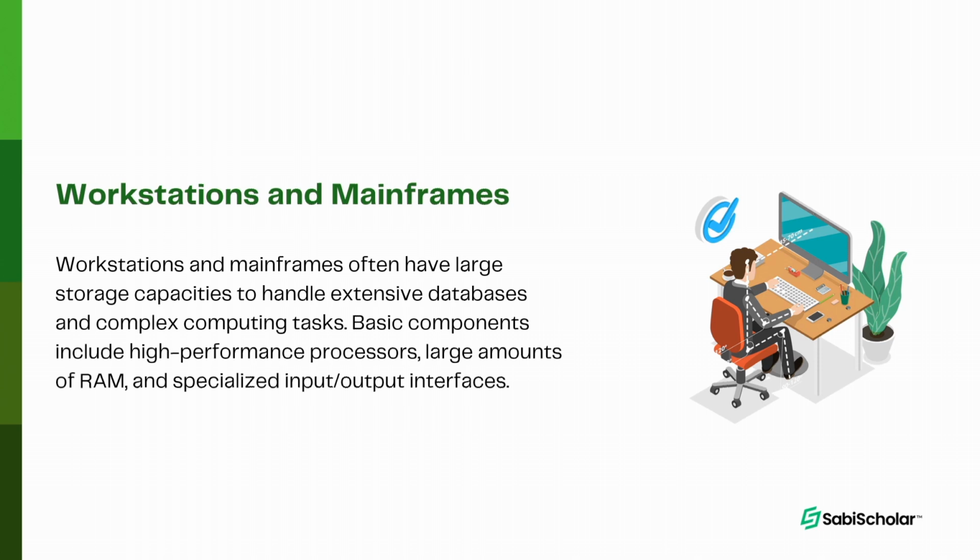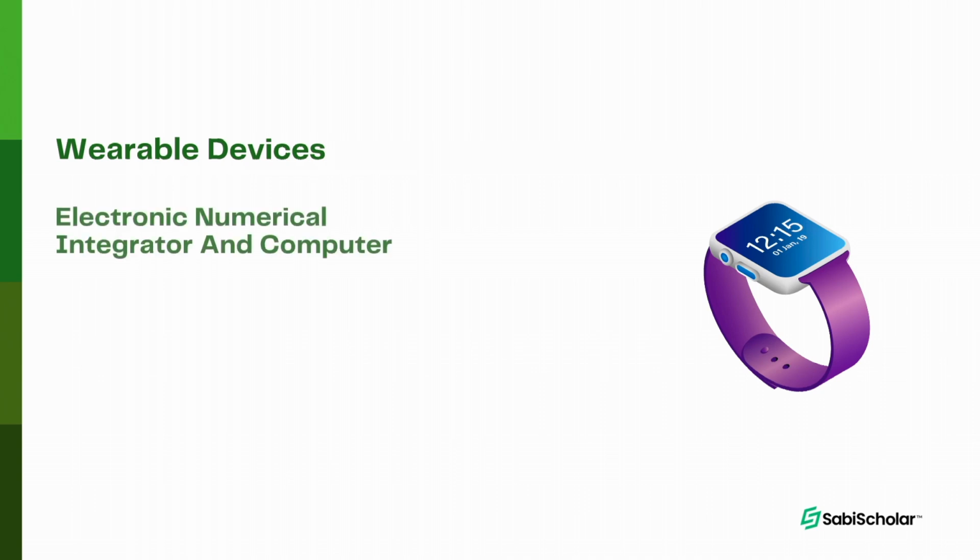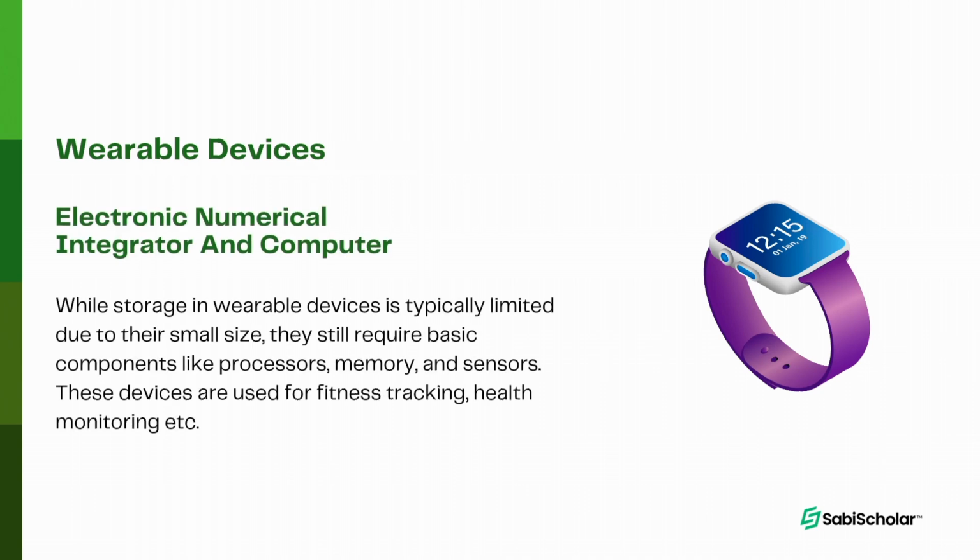Now we also have wearable devices. While the wearable devices are actually useful, they are typically limited due to their small size. It's going to be difficult to have something so small, yet it does so much. But at least it was able to still do a whole lot as compared to the 19th century computers.